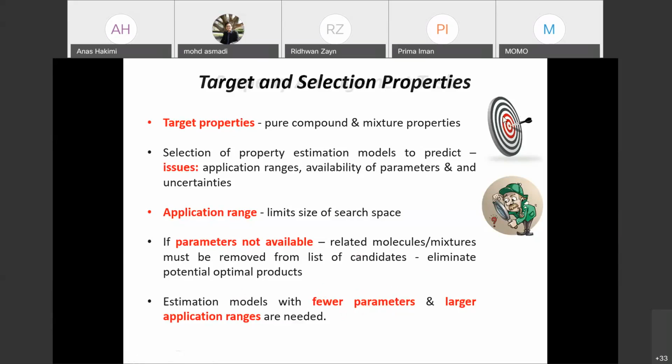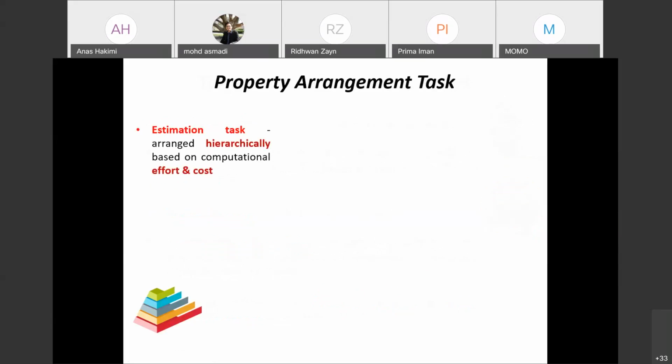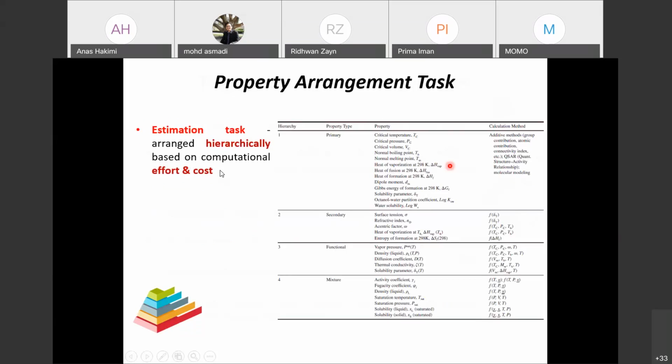Based on the estimation task, there are steps that you need to go through for the prediction of the properties, which we arrange hierarchically based on the computational effort as well as cost. So these are the examples.